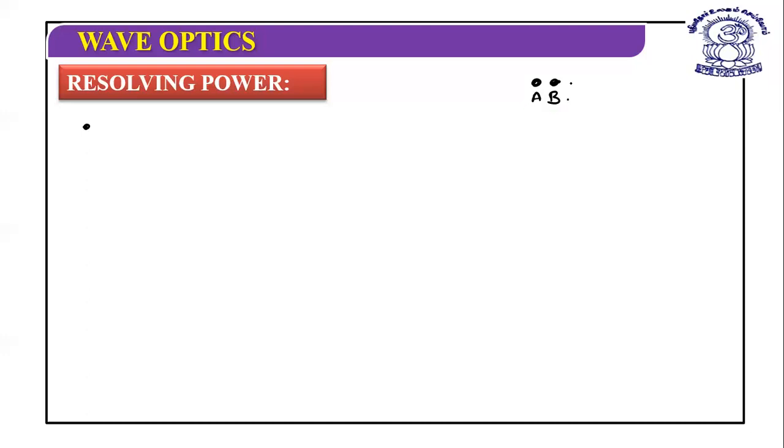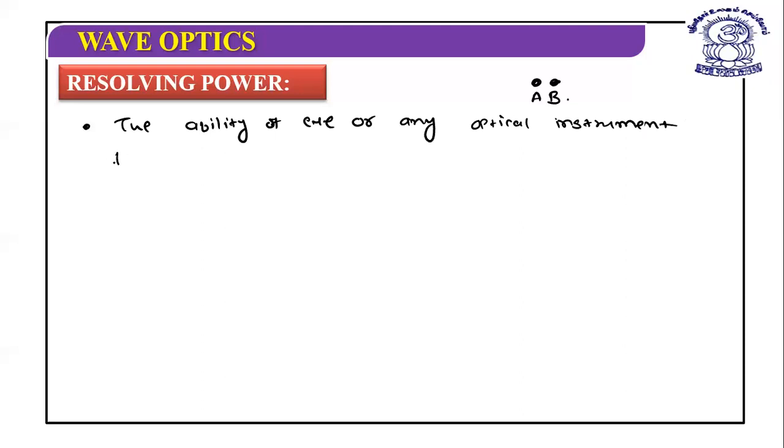So basically, resolving power of any object or eye is the ability of eye or any optical instrument to view two objects separately.